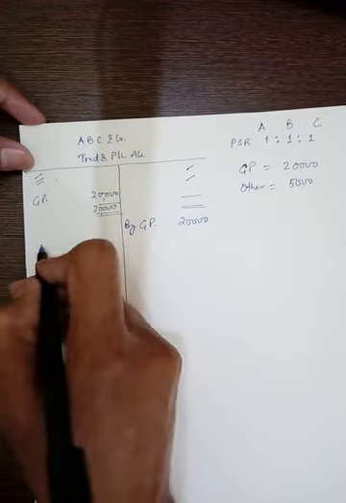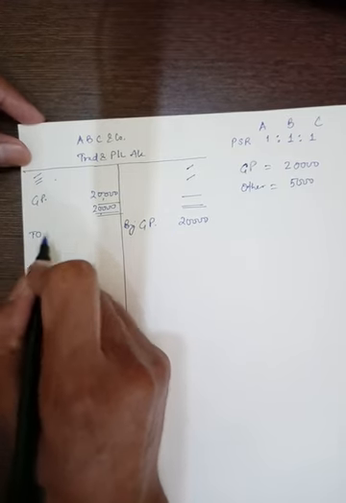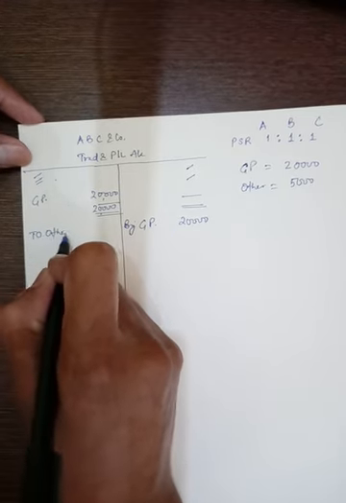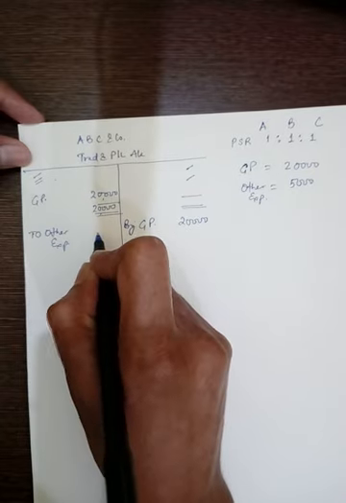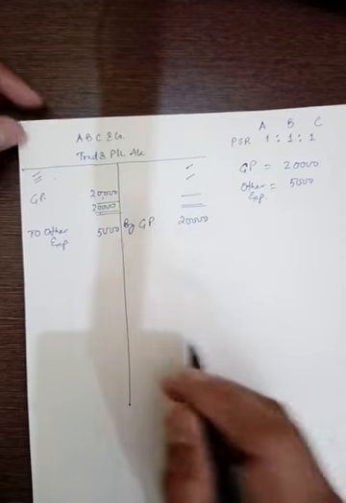So this will be debited to profit and loss account, as you know it very well, to other expenses 5,000.